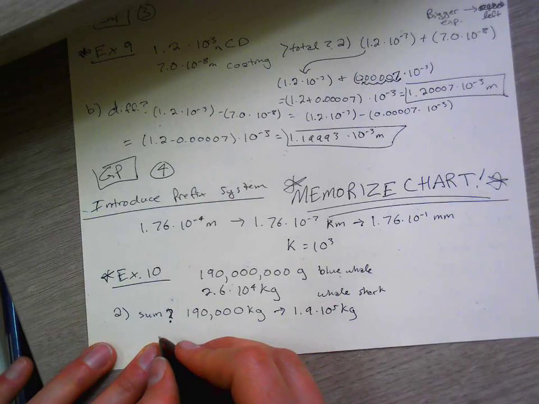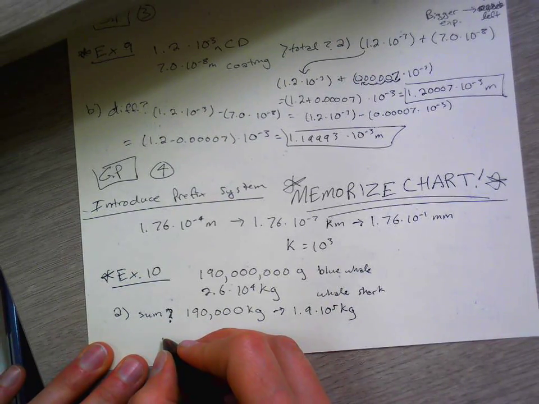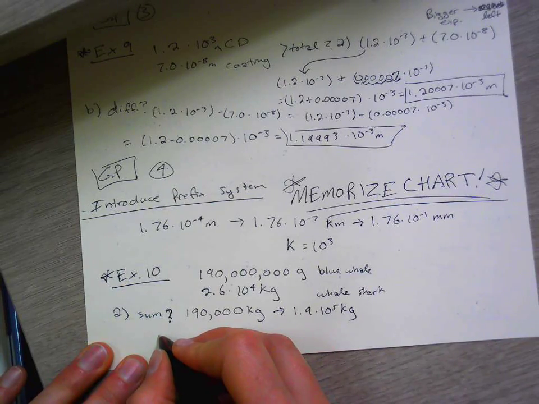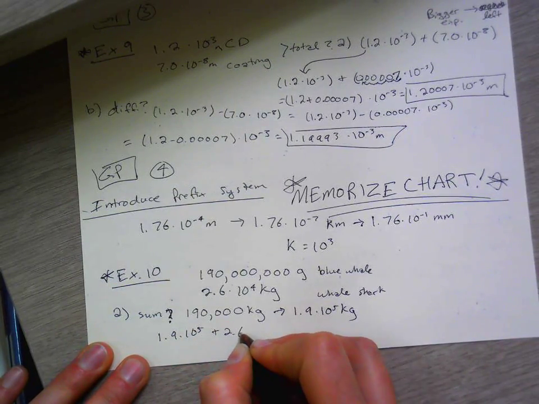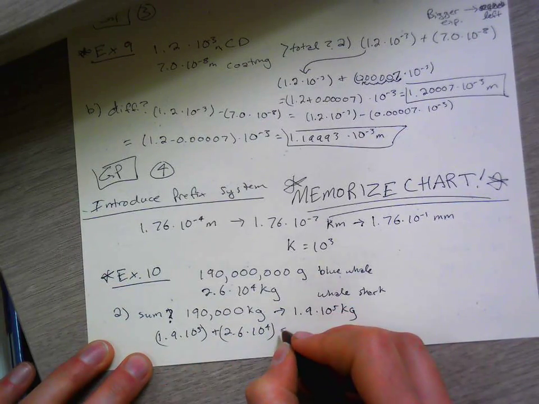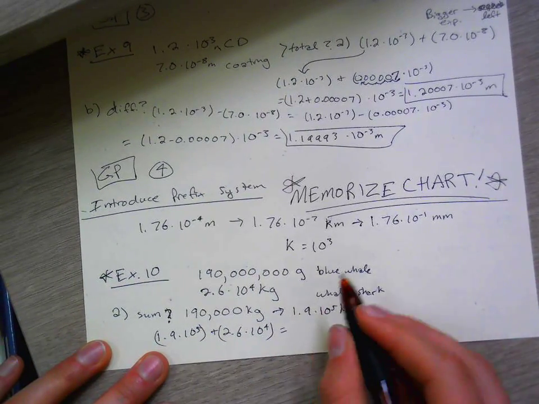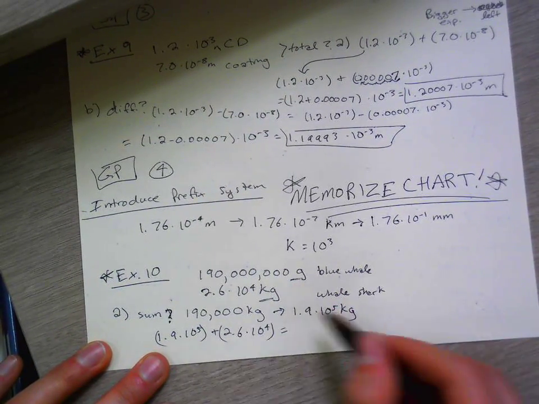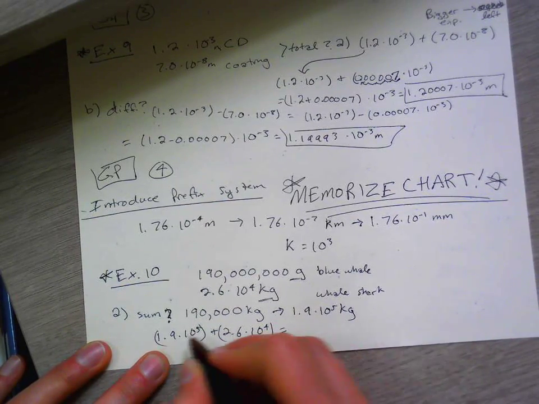So now we can add them, and the sum becomes 1.9 times 10 to the power of 5 plus 2.6 times 10 to the power of 4. Okay, let's say that is equal. Remember, units had to be the same, so I transferred to kilograms. Now that they're the same, I need to make the powers the same.